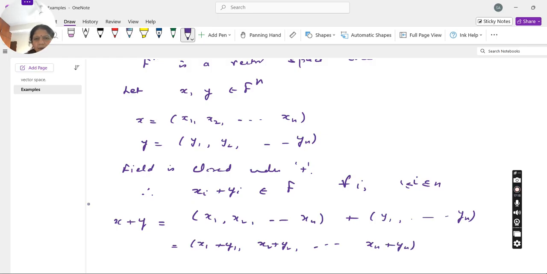And this property implies that all are in F, so it belongs to F^n. And x and y belonging to this n tuple of F are arbitrary. So this implies that F^n is closed under addition.